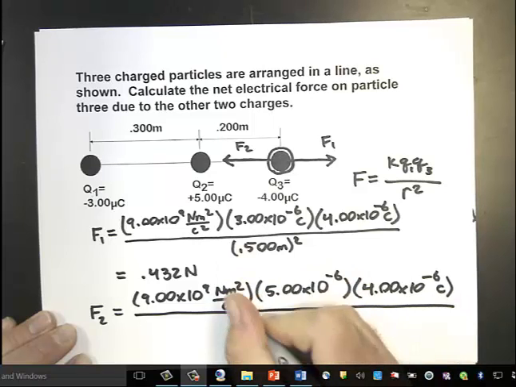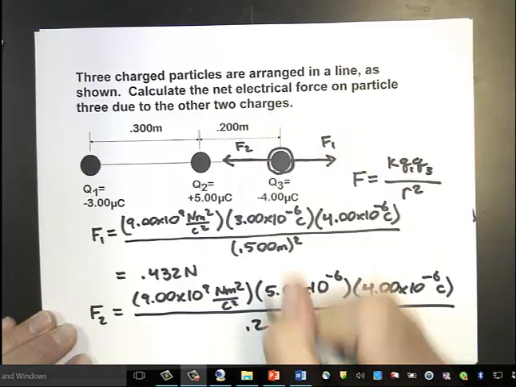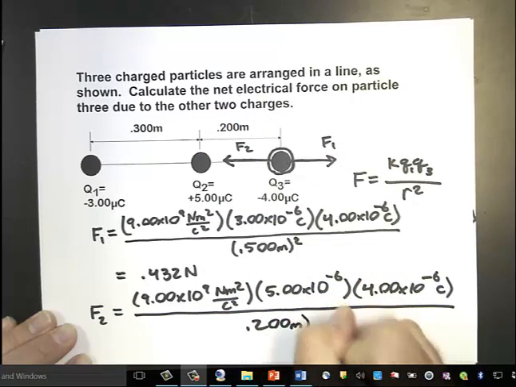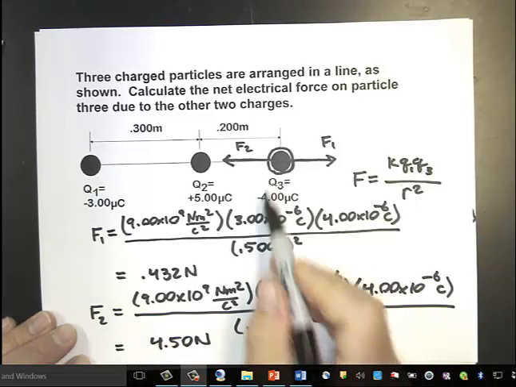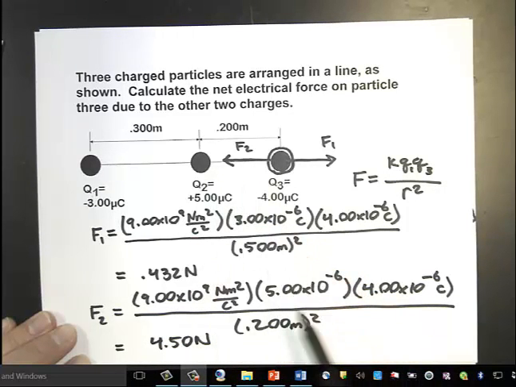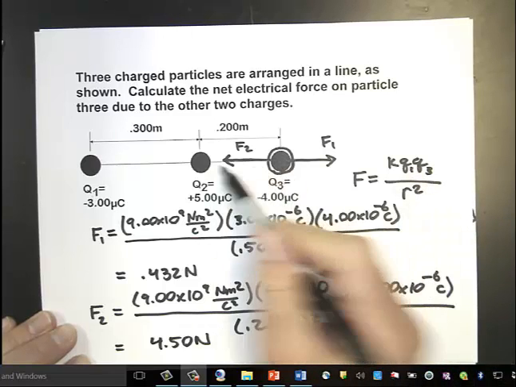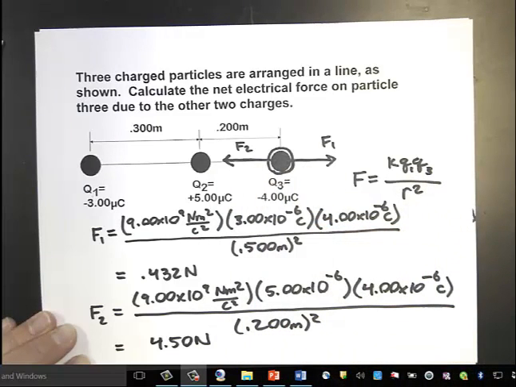Divide the whole thing by 0.2 distance between them, and don't square it. Punch it out, and you get 4.50 newtons. Notice this is in the negative direction, not because of the signs on the charges, but because of the direction of the force, which we've already determined.